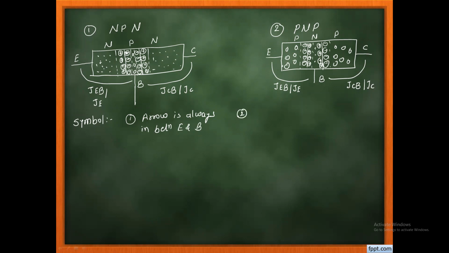And the second criterion is that the arrow indicates the direction of emitter current.